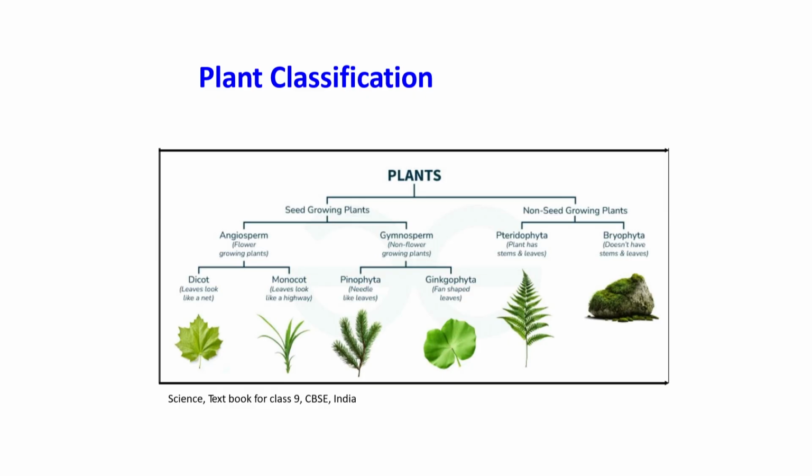One way is seed growing plants and non-seed growing plants, and then you keep on developing other things: whether they are flower growing plants, non-flower growing plants, what kind of leaves they have. This is taken from the class 9 CBSE textbook, and this is what classification is. It is not a very difficult thing to understand. We classify the plants into different subcategories.